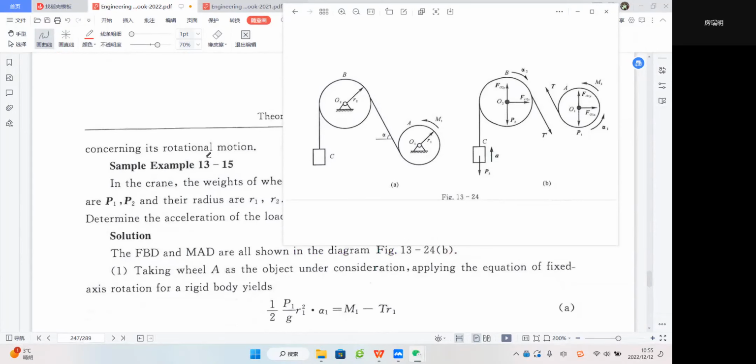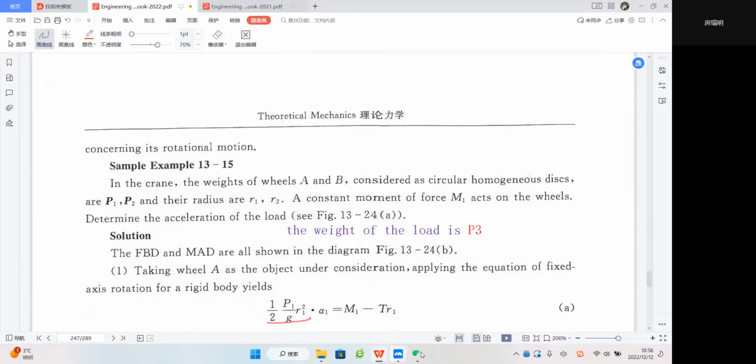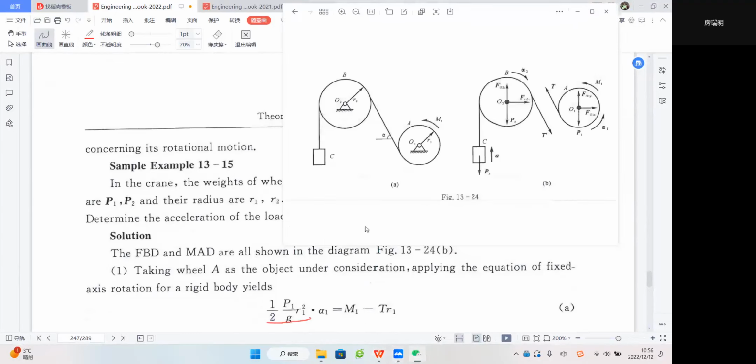So after we do this, we can write this equation. So we have I_O1 alpha 1 equals sigma M_O1, where P1 over g is M1, R1 squared. So this part is what? It's G O1 and alpha 1.